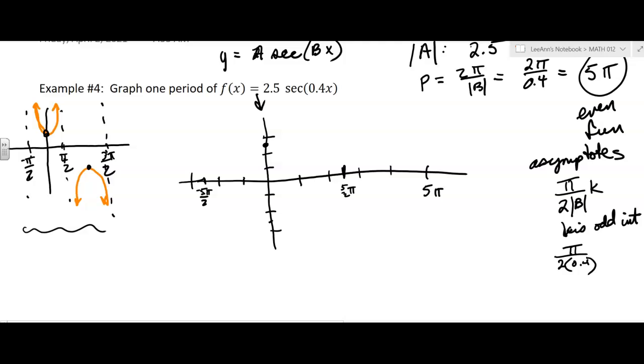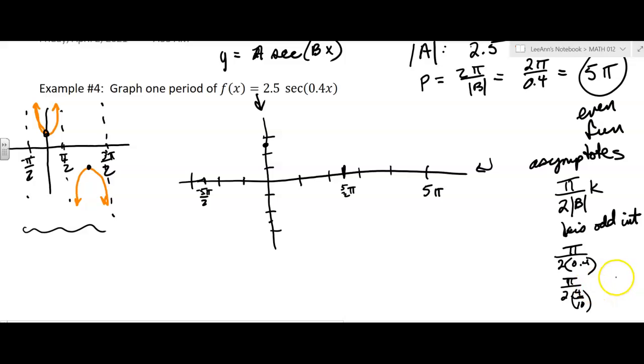Okay, so we're back. We have pi over 2 times 0.4. Now, it's tempting to put that just in a calculator, but you don't want to do that. You want to do it in terms of pi. Notice how I've written out the scale. I've done the x-axis in terms of pi. Okay, so think about, you can do it this way. Pi over 2 times 4/10, which is 8/10.